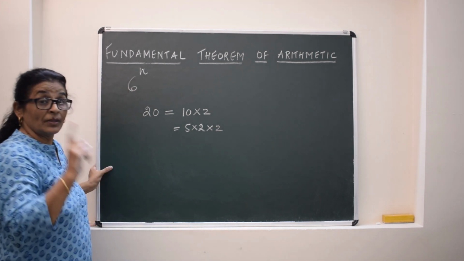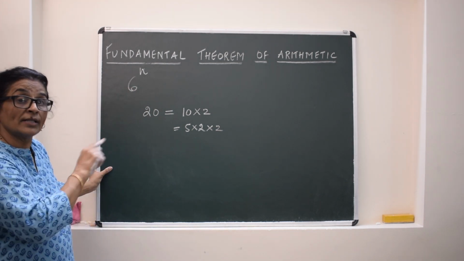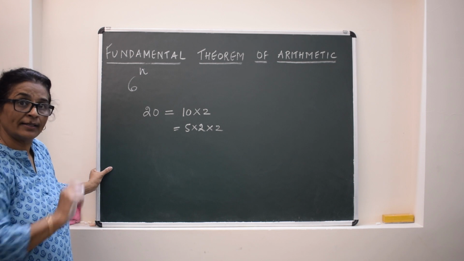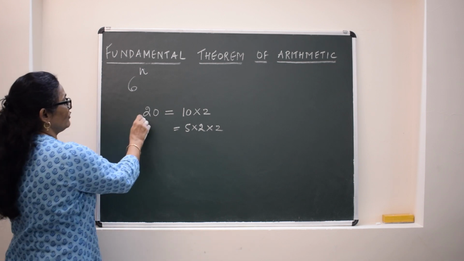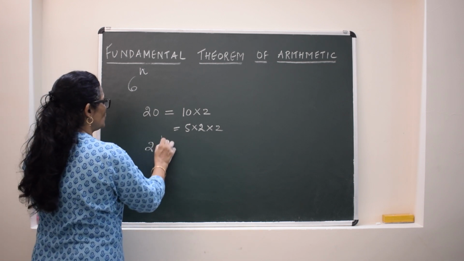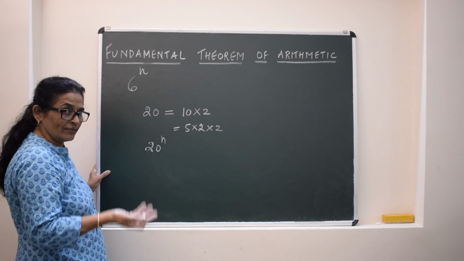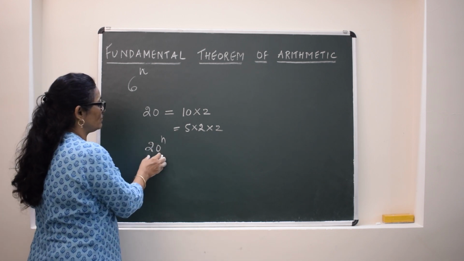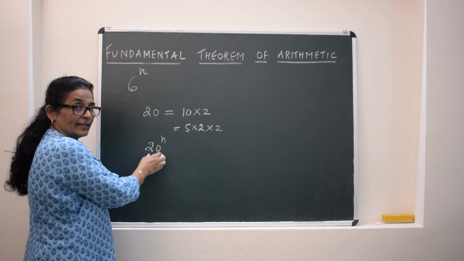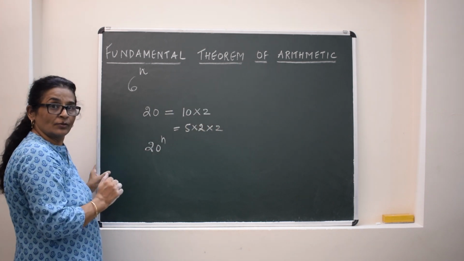It means the prime factors are 2s and 5s. Then only it can end with 0. And if I simply say 20 to the power of n, obviously, however many times we multiply this 20, it will definitely end with 0.